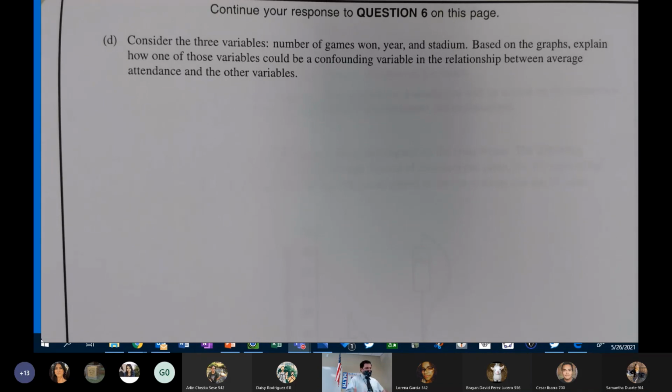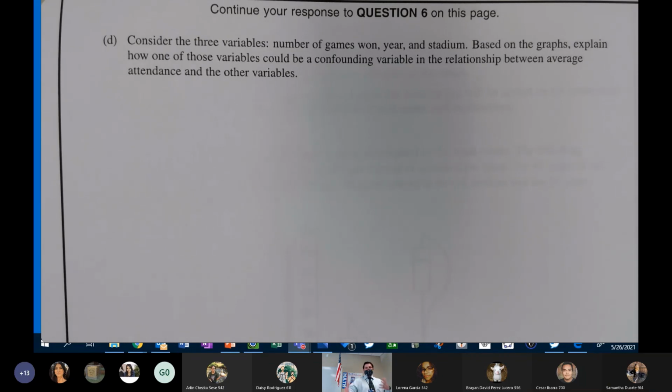All right. Essentially, in this case, games won could be the confounding variable, because when we're trying to find a relationship between the year and attendance, right? If they won more games that year, that could be the explanation over the year, right? If they won more games, people are going to attend more.